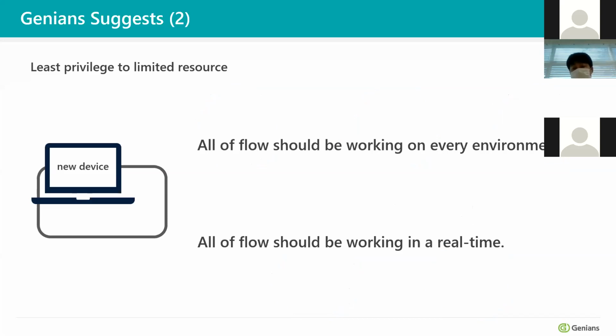It really matters with their existing environment, their existing switching devices, and their existing models or vendors. It should work in every environment, and it should also work in real time.